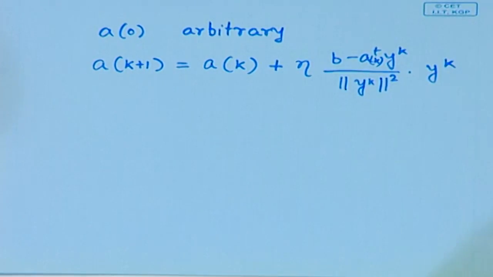And there may be other criteria functions as well for designing of the classifier. But one thing you must have noticed that whether I use the perceptron criteria or I use the relaxation procedure, in both these cases the convergence is guaranteed if the classes are linearly separable.